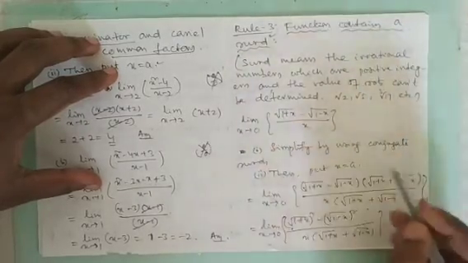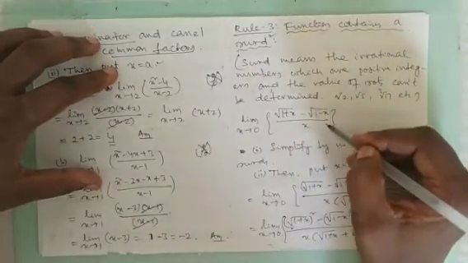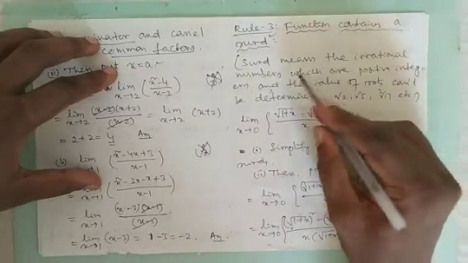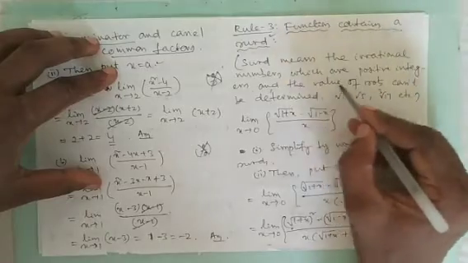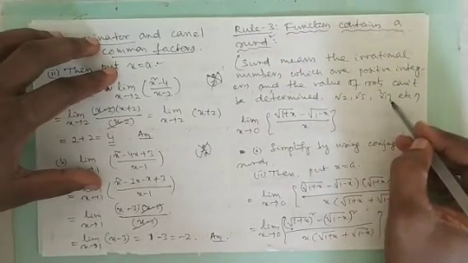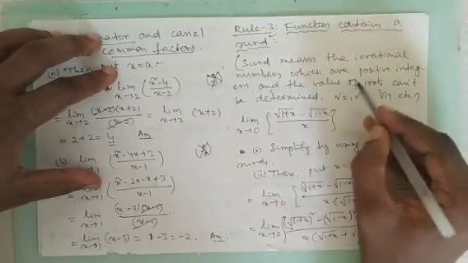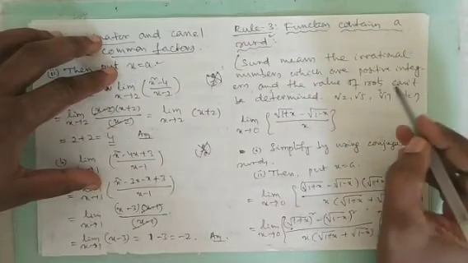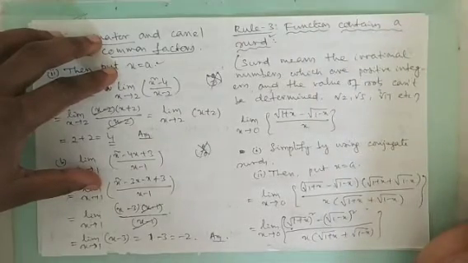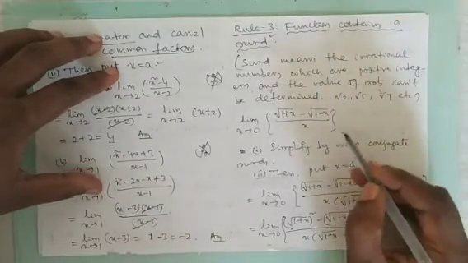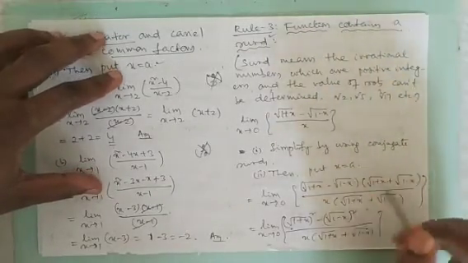Here it is in the form of roots, so this type of function is known as a surd. They are irrational numbers like root 2, root 5, cube root of 17, etc., which are positive integers, no doubt, but their roots cannot be determined. You can't find the exact root, and in such cases it is known as a surd.